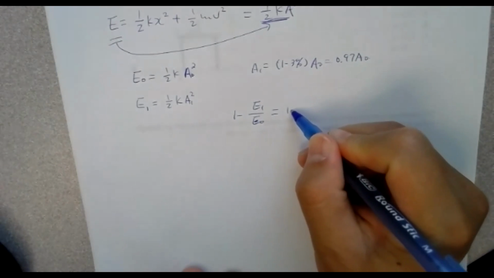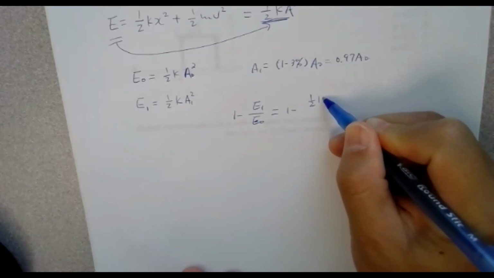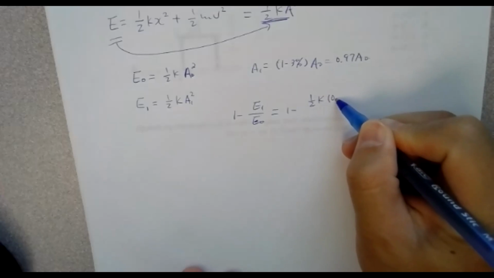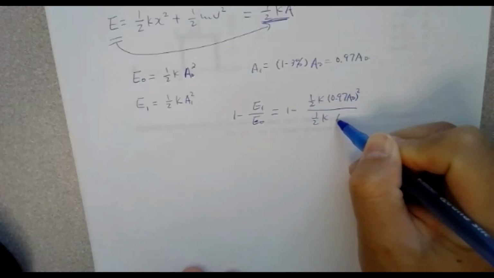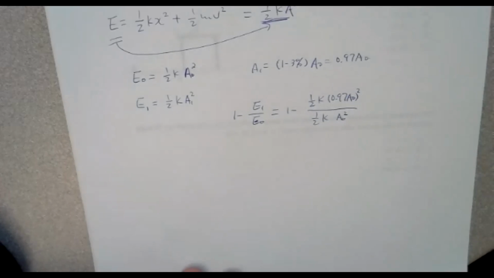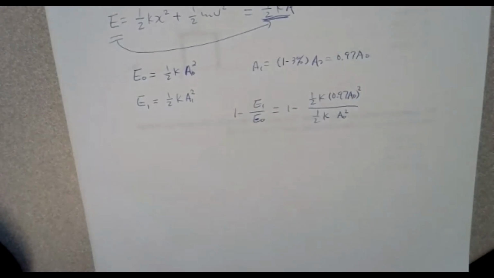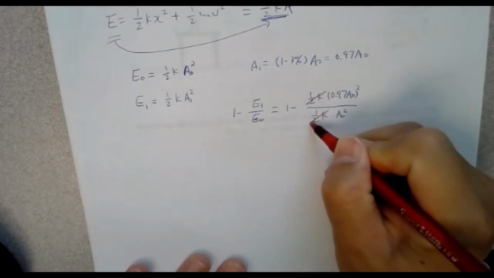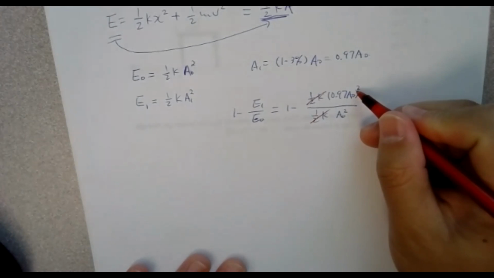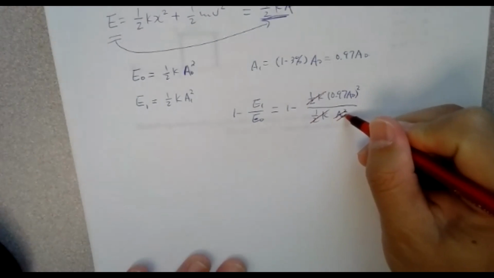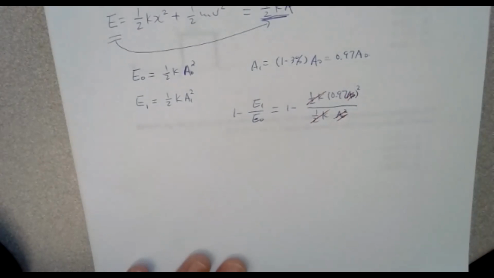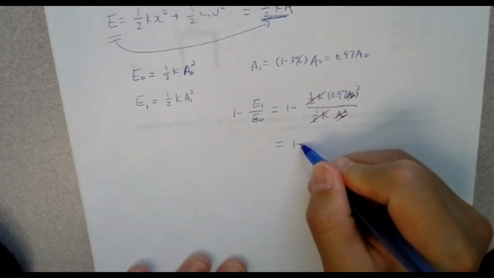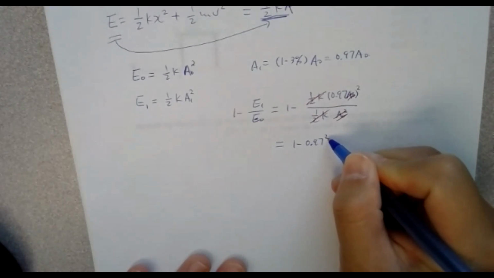So this is 1 minus 1/2 k times 0.97 A0 squared, divided by 1/2 k A0 squared. The 1/2 k and 1/2 k cancel out, and the A0 squared and A0 squared cancel out. Now you have 0.97 squared, so this is equal to 1 minus 0.97 squared.